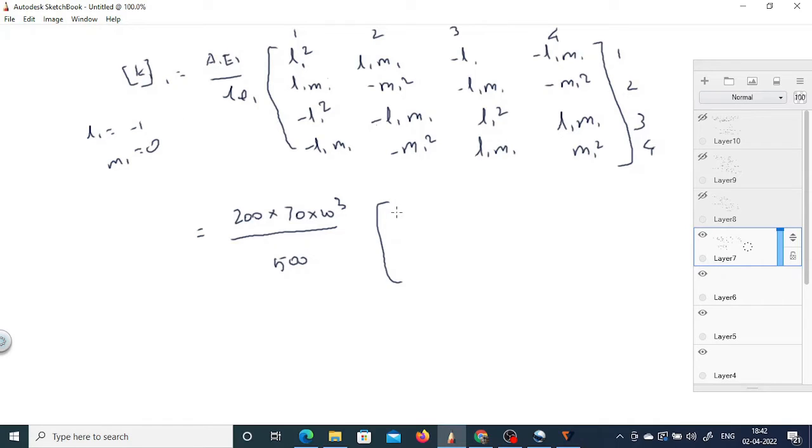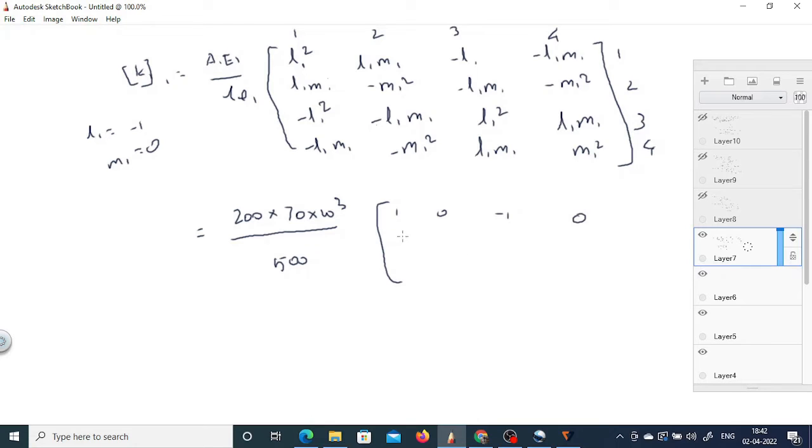If I substitute here, L1 square, minus 1 square, is equal to 1. What is L1 into M1? Minus 1 into 0, which is 0. After that minus L1, which is minus 1, and then minus L1 into M1, which is 0.